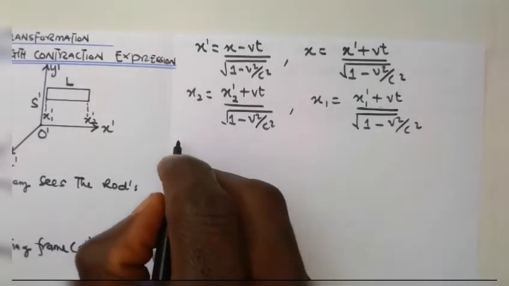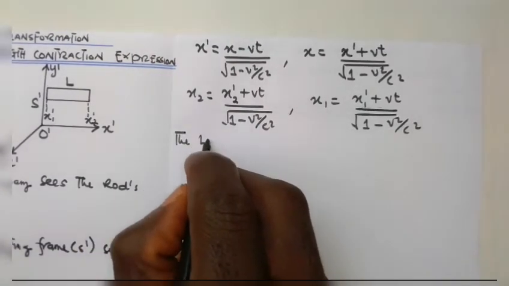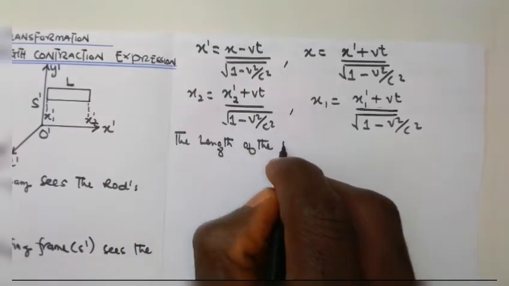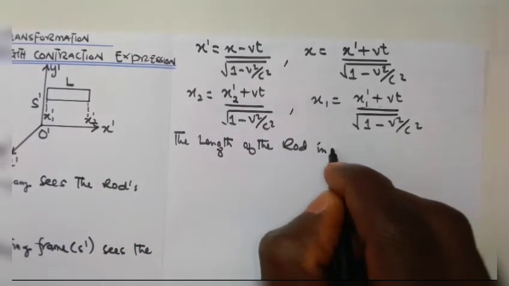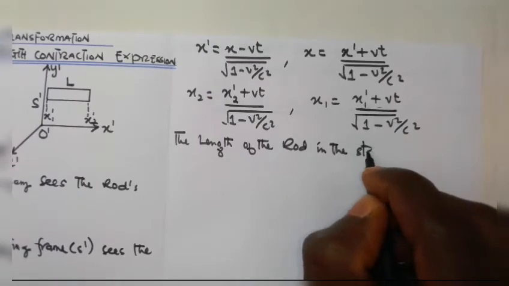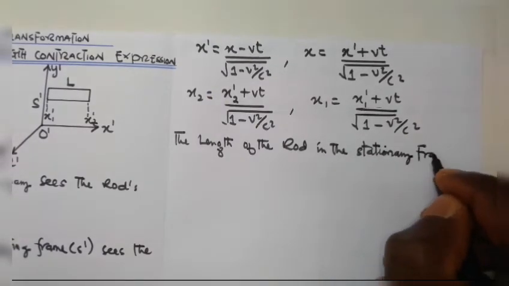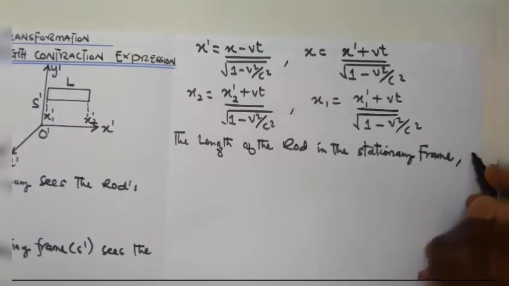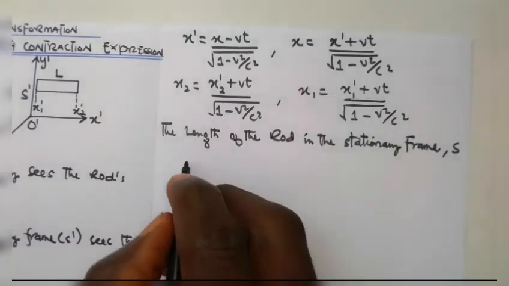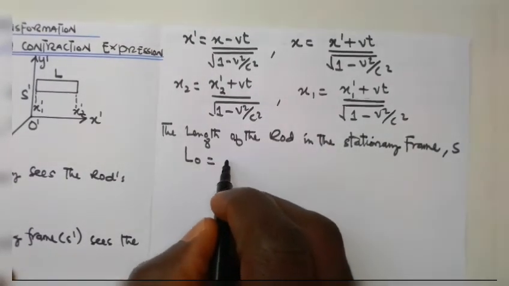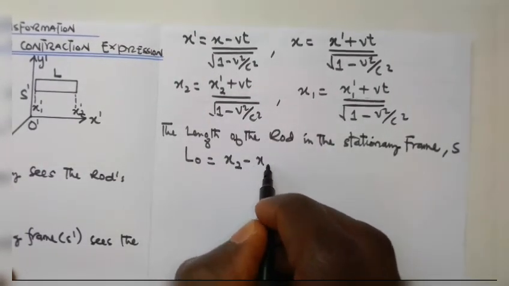So if I want to find the length of the rod in the stationary frame S, the length of that rod is given as L0, and L0 was equal to x2 minus x1.